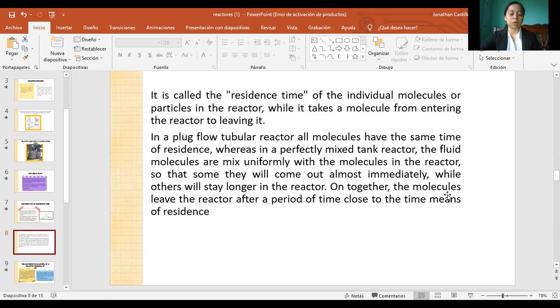However, most molecules leave the reactor after a period of time close to the mean residence time.